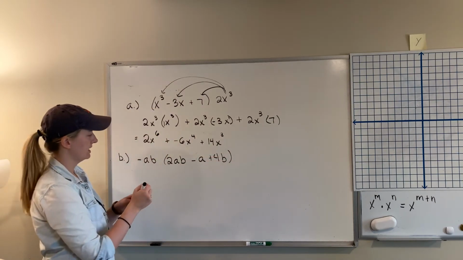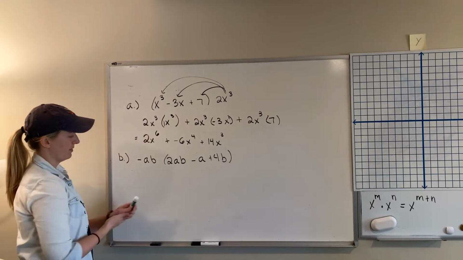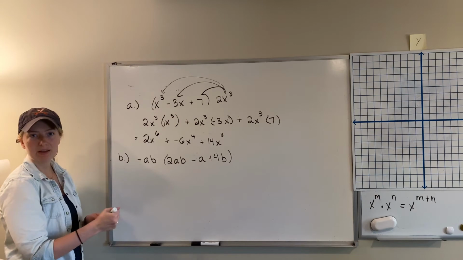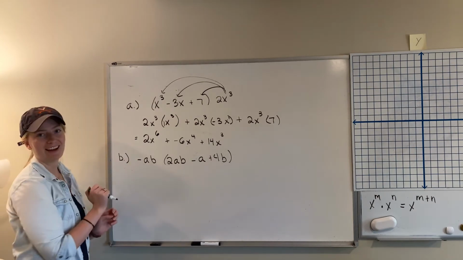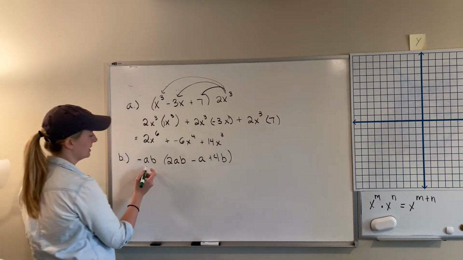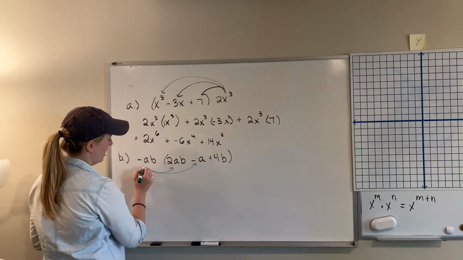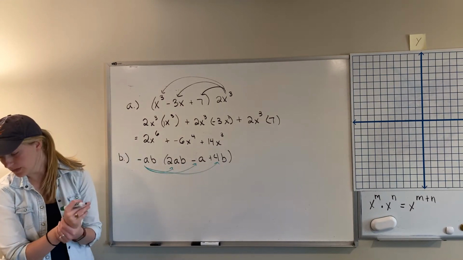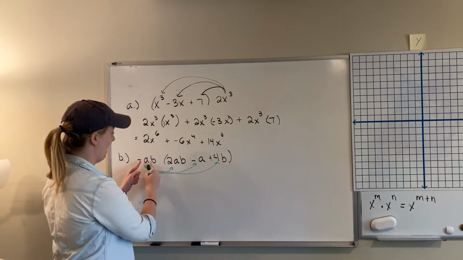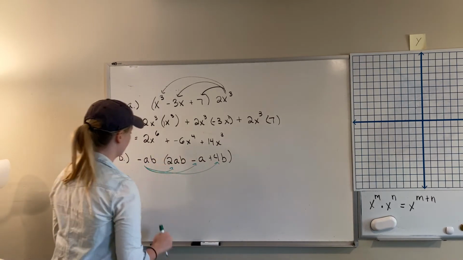The number on the outside gets distributed to everything on the inside. Because this is a negative AB, you can think of it as negative 1AB. And when you're multiplying by 1, nothing happens. But you do have to remember that negative sign. That might change things. So take your negative AB, and we're going to distribute it everywhere. And remember, you're distributing A to each of these, as well as B to each of these.